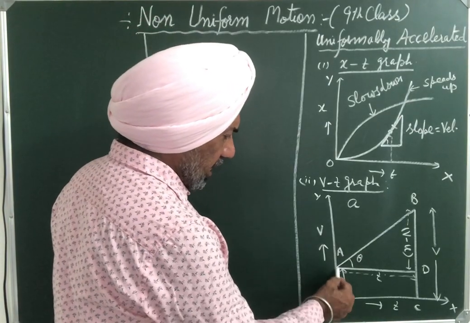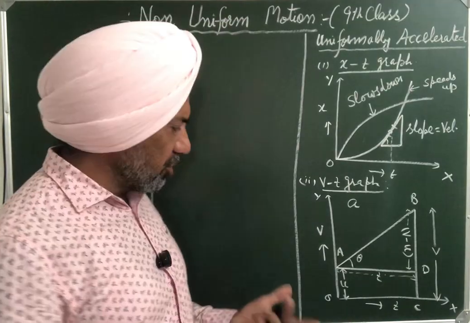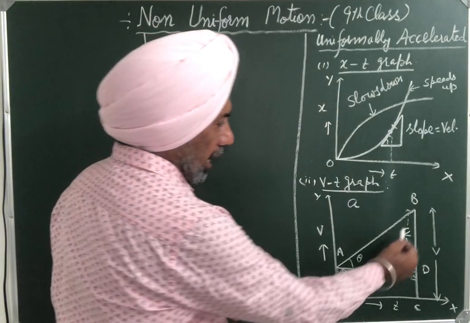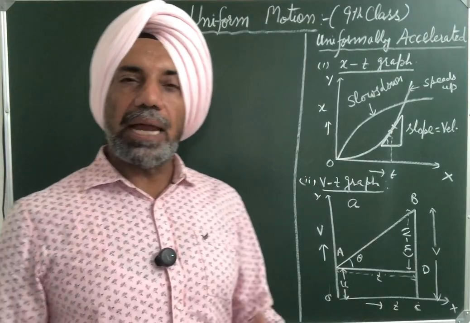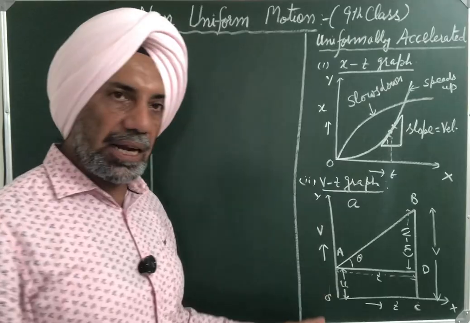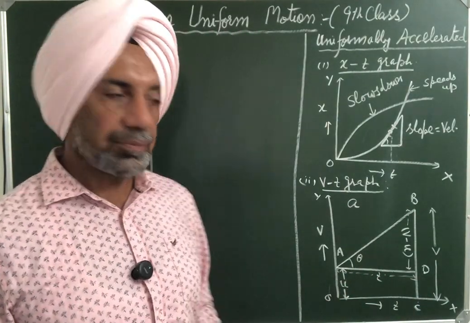Now this OA represents the initial velocity, the velocity of the body at t equal to 0. It may be 0 or it may have some value u. And this VC represents the velocity of the body after time t, that is the final velocity. So v is called the final velocity, u is called the initial velocity, and t is the time interval.